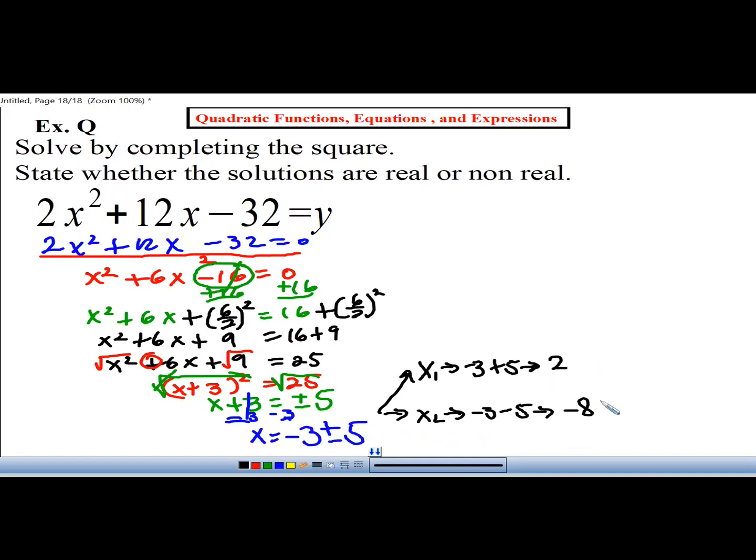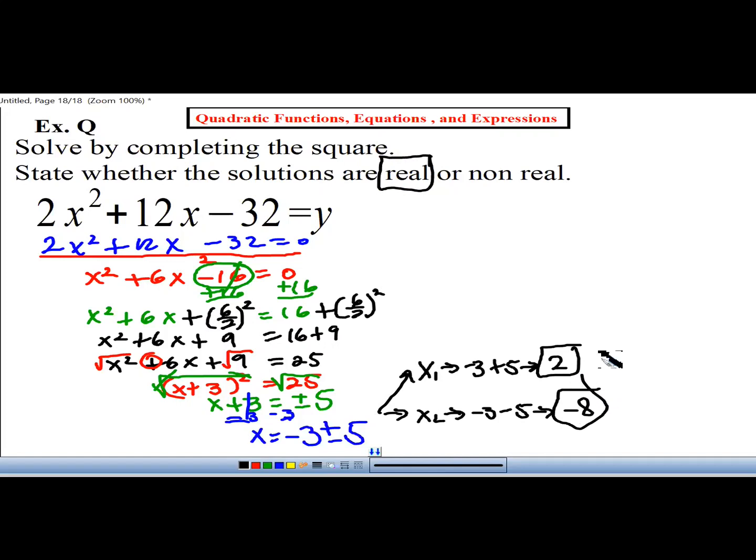Question. They're asking us to tell whether the solutions are real or non-real. What kind of solutions do we get at the end, Danny? Real. Let's see. Is 2 a real number? Yes. Is negative 8 a real number? Yes.